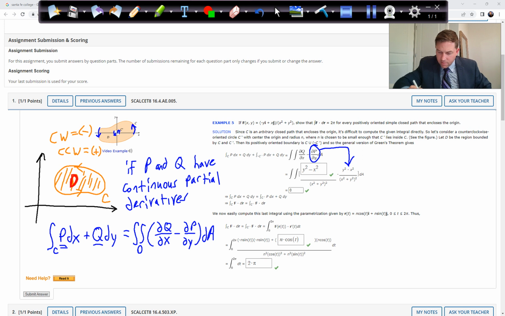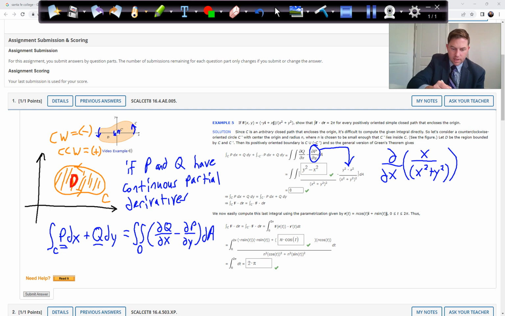So we just have to find partial Q partial x, which would be the partial derivative of the Q component, the j term, so it would be x over x squared plus y squared.